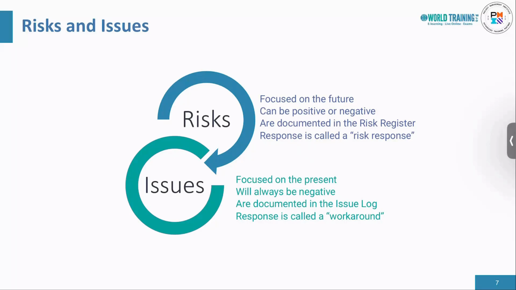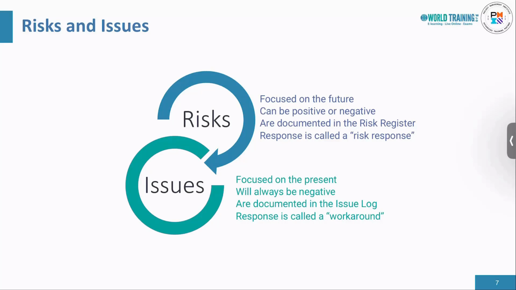Risk is an event that has not happened yet. However, an issue is something that has already happened. The main differences are related to timing and probability. The probability of risk is less than 100%. It is uncertain. However, probability is not applicable to issues because an issue has already occurred.